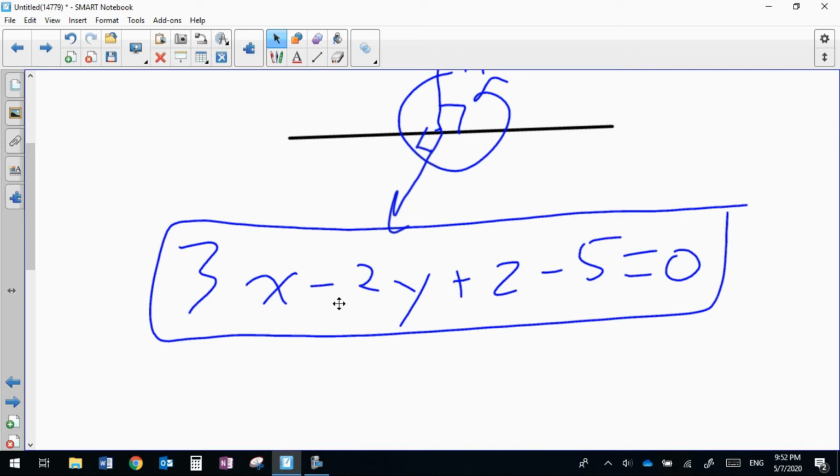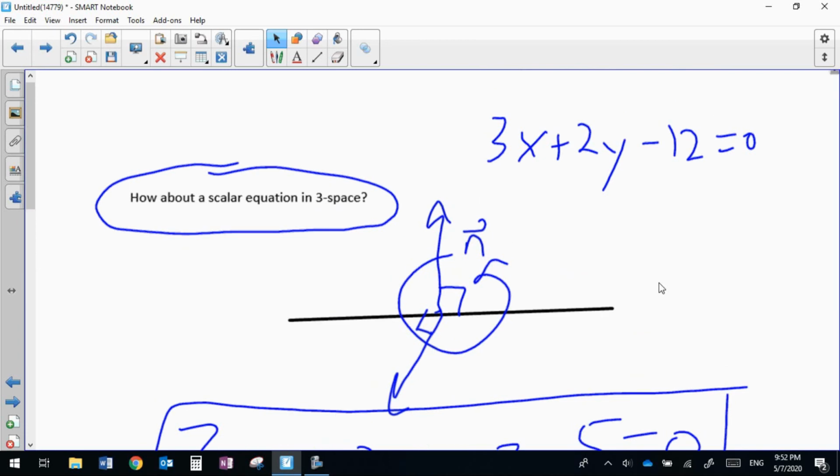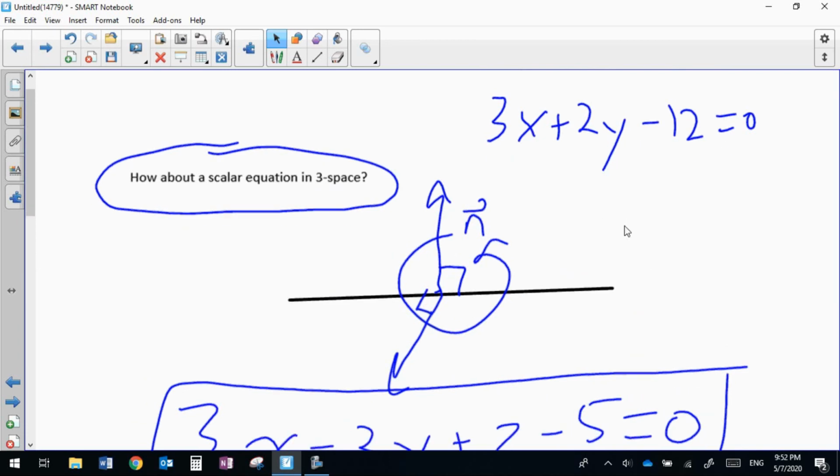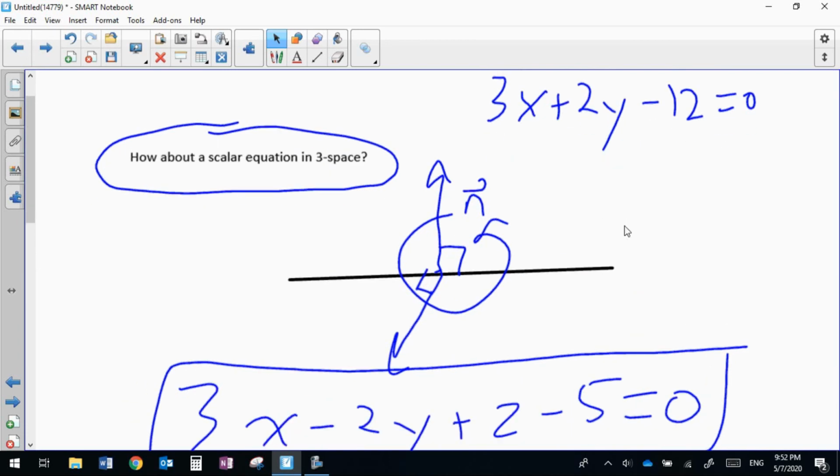If you were to find all those values and plot them, you would not get a line. You would actually get a plane, a flat surface extending in all directions. And in fact, the reason we're talking about scalar equations of lines is because we're getting ready to talk about planes. And the concepts in this lesson will help you when we go to study planes. Okay, that's it for now. I'll see you next time.